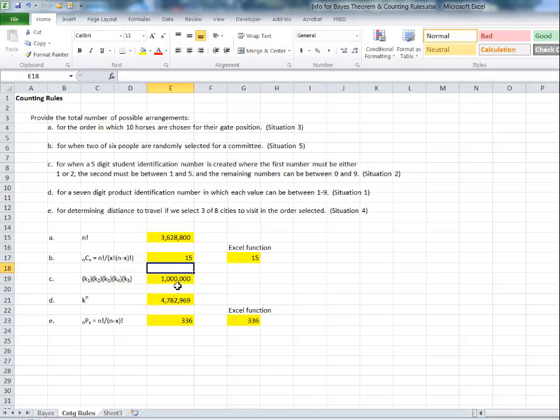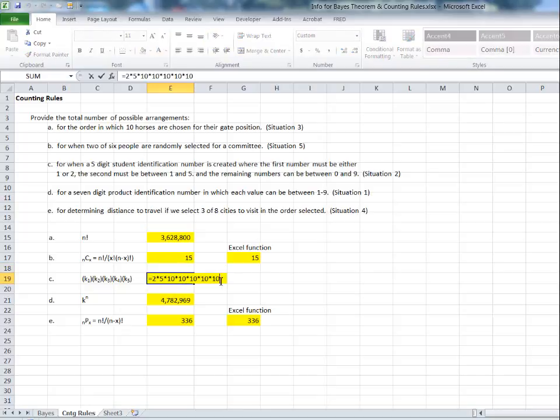And then what if you had a particular identification number where you could only have a 1 or a 2 in the first digit, a 1 through 5 in the second digit, and then 0 through 9 in the remaining digits?